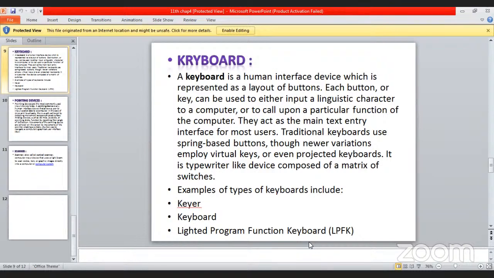First we can see the different types of keyboards. Now the multimedia keyboard. What is a multimedia keyboard? The keyboard that has all multimedia buttons is called a multimedia keyboard.